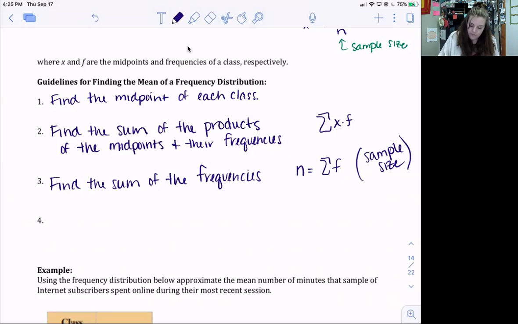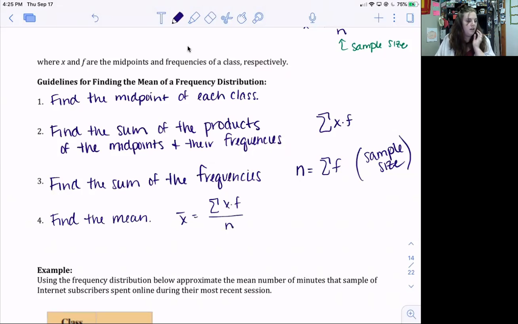Okay, and then lastly, find the mean. We just use our formula: X bar equals the summation of X times F divided by N. The one thing to be careful about is our round off rule is going to be one more decimal place than the original.